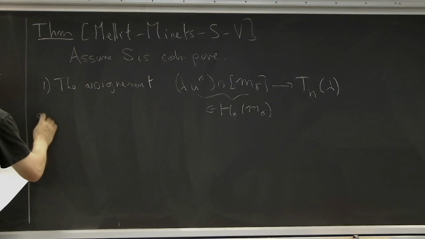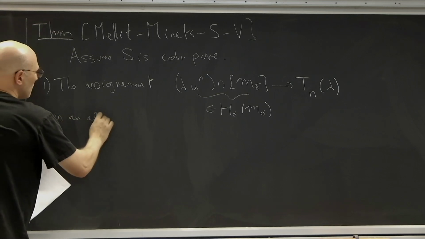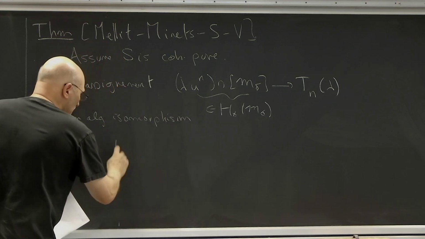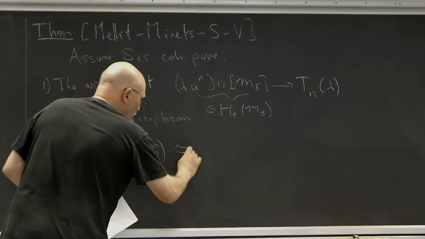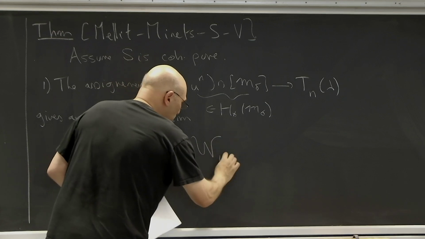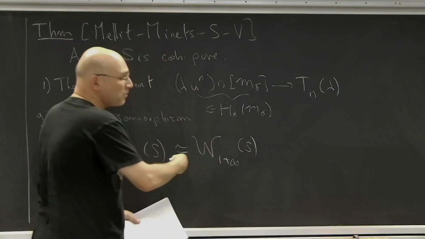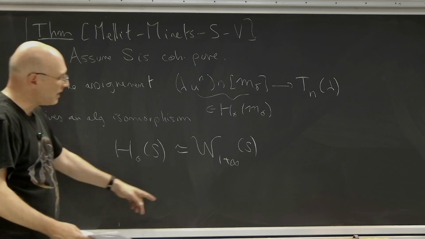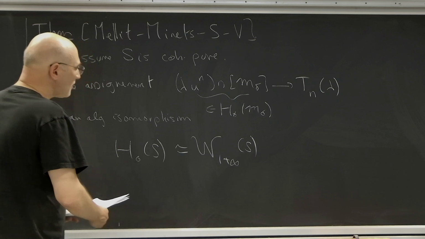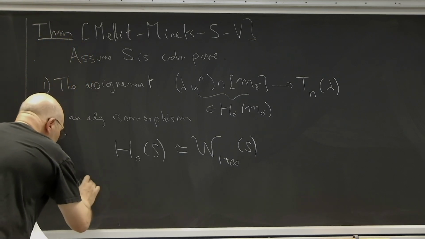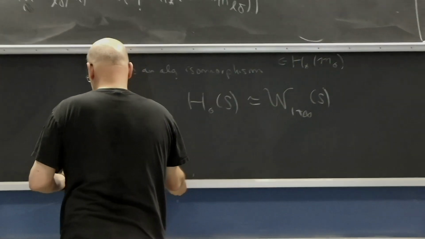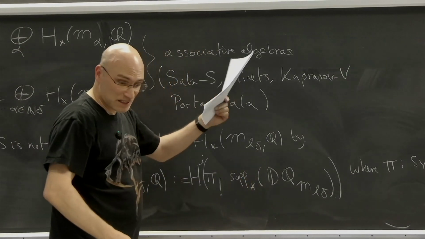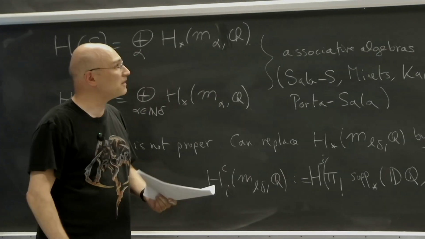It gives an algebra isomorphism from this H0 of S to something that we call the W_{1+infinity} of S. Big W means that it's like the enveloping algebra of the small w, but the S here means that it's going to be deformed, where now I have to give you the presentation for this W_{1+infinity}.